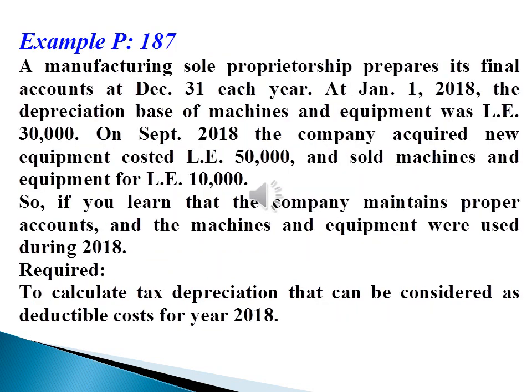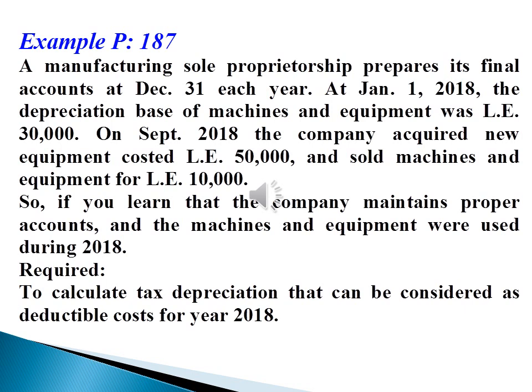Example on page 187 in your text. A manufacturing sole proprietorship prepares its final accounts at December 31 each year. At January 1st, year 2018, the depreciation base of machines and equipment was 30,000 livres Egyptian.